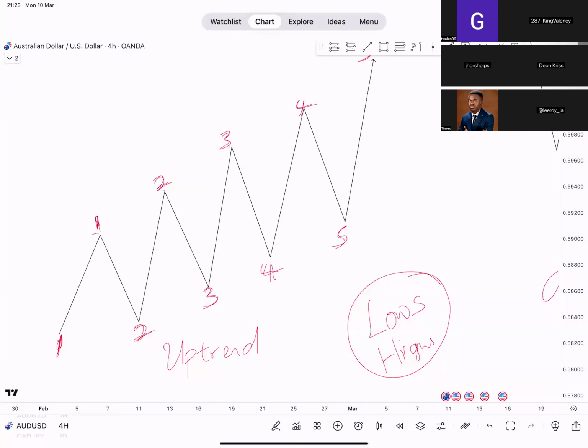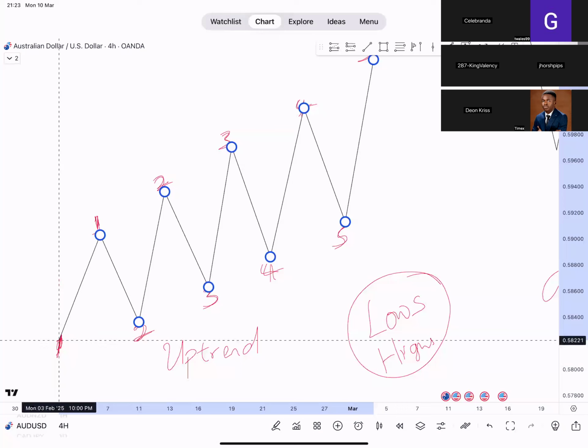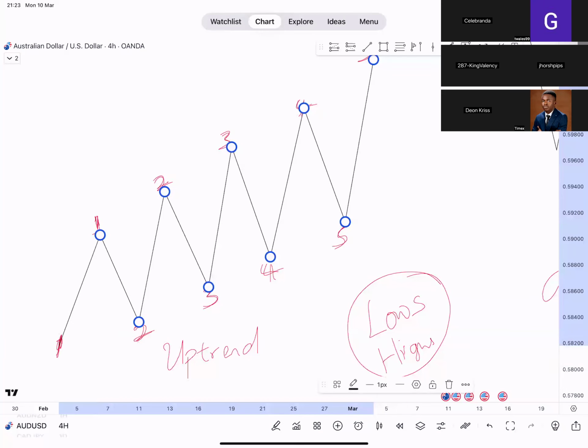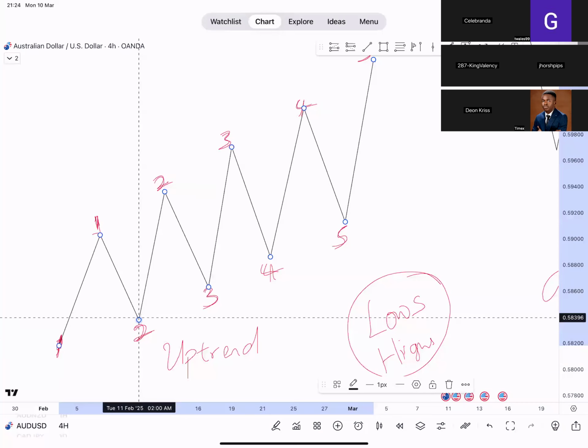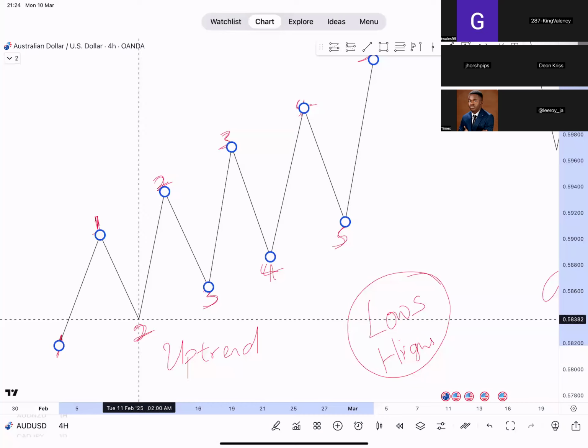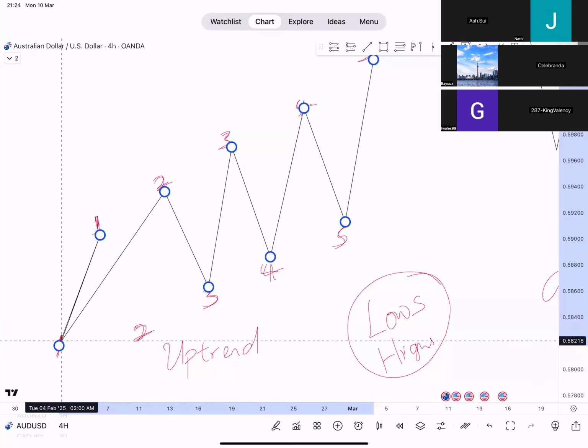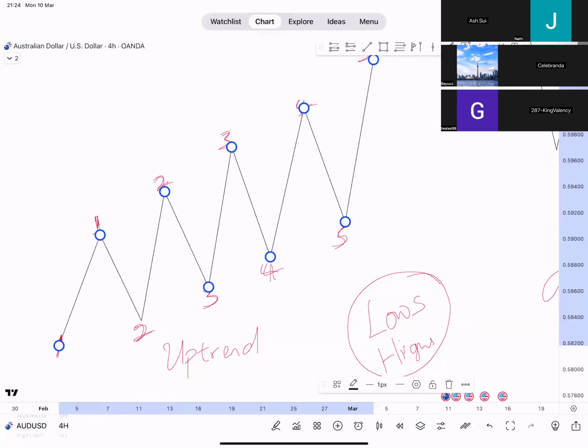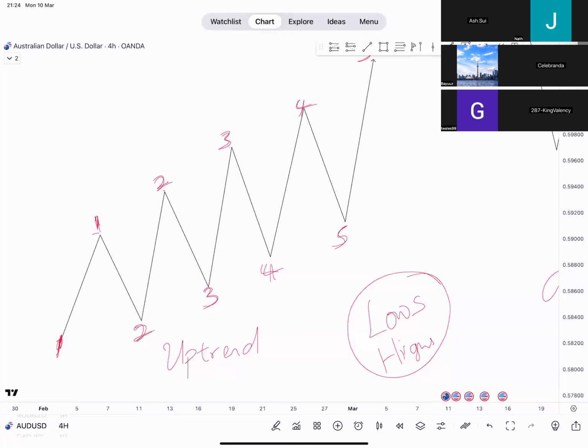Now I want you to notice something. If you look at my screen very well, you would see something. This point that I called low 2, can you see that this low 2 is actually higher than low 1? When you see that something is lower than something, it means that thing goes below the previous one, right?